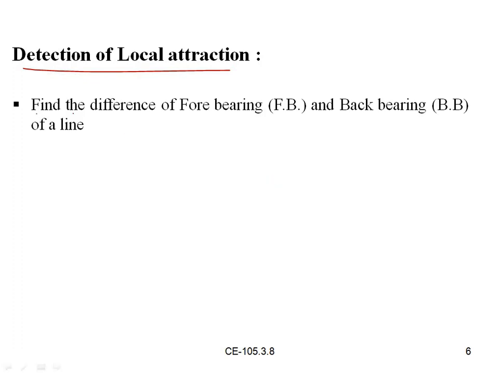So how to detect the local attraction? Let us see here, that is, find the difference of fore bearing and back bearing of a line. So how to find out whether the taken measurements are affected by local attraction?